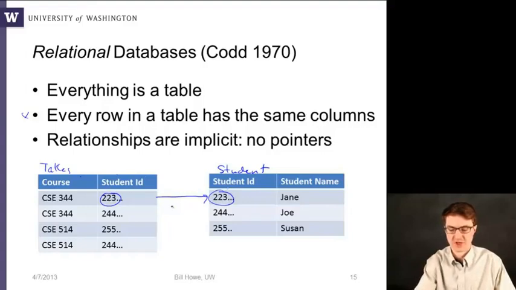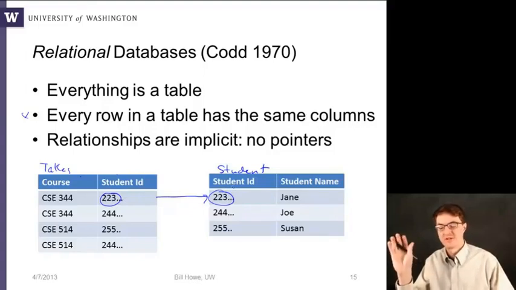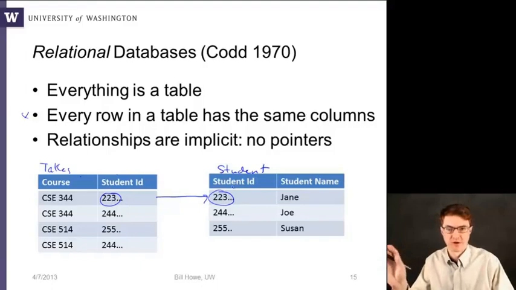The only relationship between these two data items is the fact that they both have the same value in a particular column. Okay, and intuitively this sounds really bad for performance right off the bat, right?